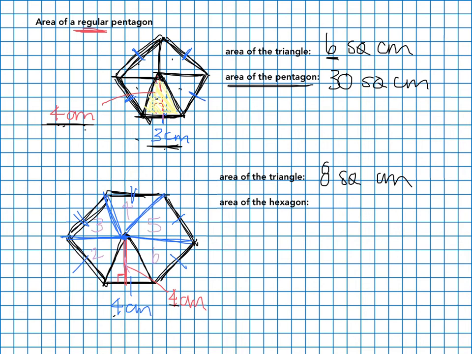So 6 triangles total. We're going to take the area of this triangle here, which was 8, and multiply it by 1, 2, 3, 4, 5, 6. And we should get 8 times 6 is 48 square centimeters.